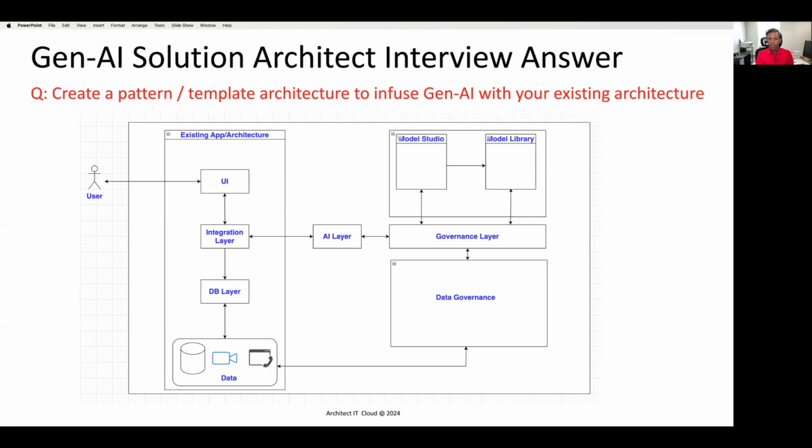In this case, I have provided a model studio and a model library. If your organization is planning to adopt generative AI for the existing architecture, you must know which model you are going to use, the model has to be prompted with the data, and the model should be available in the model library to pick for your specific use case.